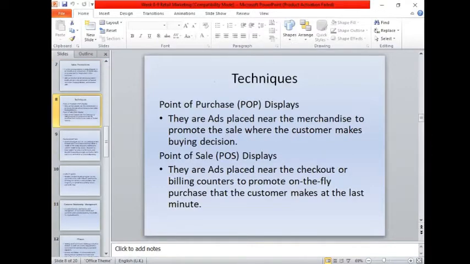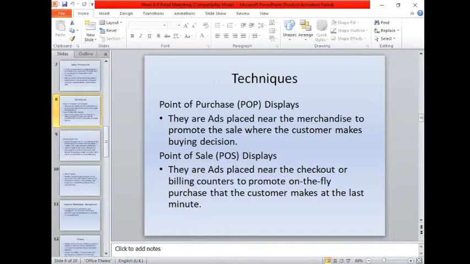So what are the techniques of sales promotion? The following techniques: the point of purchase, because these are the ads that merchandise and promote the sale that makes the buying decision. Let's say 50% off. Okay, that's also a point of purchase.